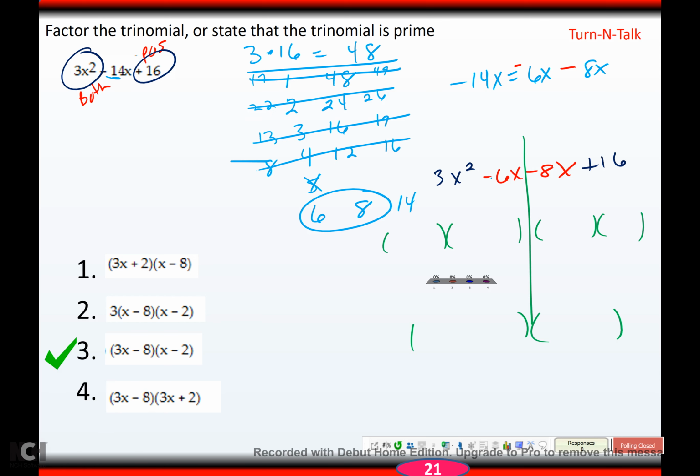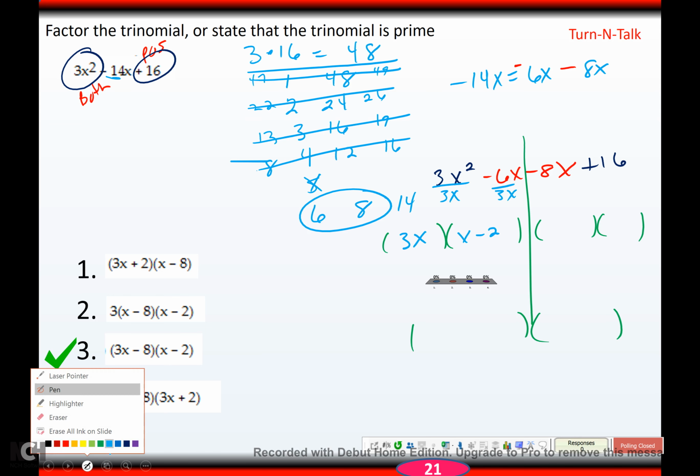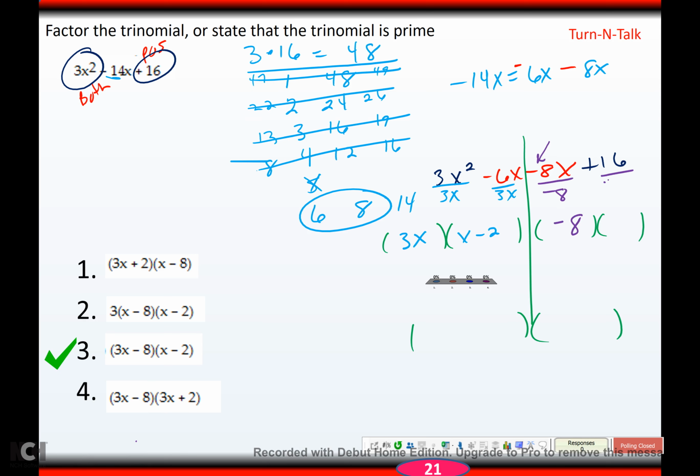Alright, so let's see. The first side, they have a 3 in common and 1x. If I divide by 3x, I get x minus 2. The other side of the wall, they have an 8 in common, and I'm going to take a negative. So divide by negative 8, and I get positive x minus 2.